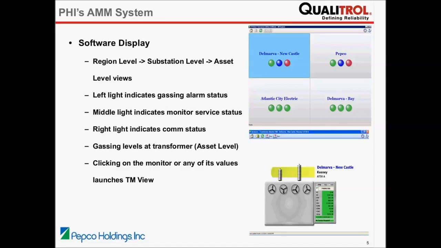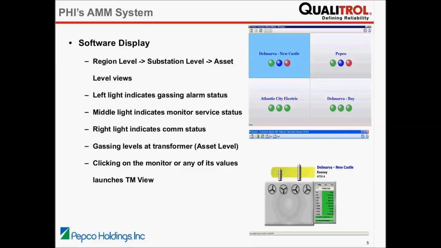The left alarm indicated something is happening in any of the transformers of that substation and gassing is happening in that transformer. The middle light indicated the monitor status of that particular transformer, whether the DGA monitor is on or off, and the right light indicated the comms status.